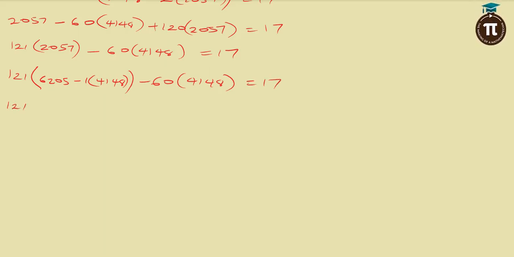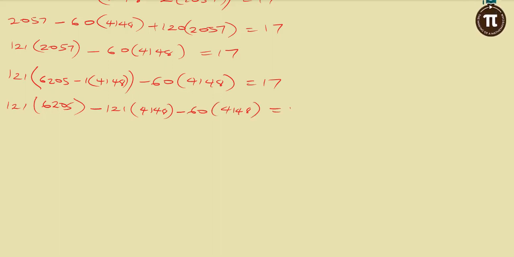So 121 multiplied by this, that's 6205 minus 121 multiplied by this will still give me 121 times 4148, minus 60 times 4148 is equal to 17.